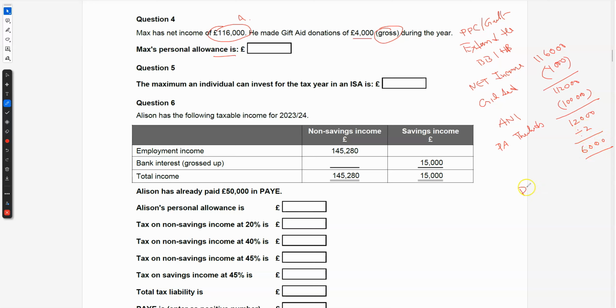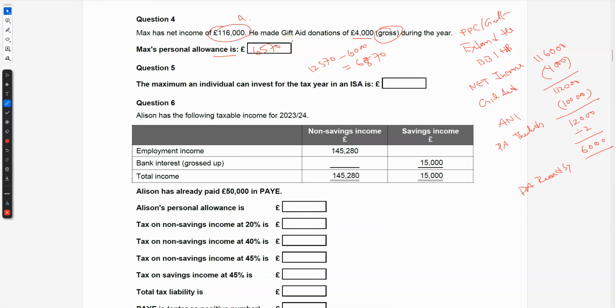So personal allowance will be reduced by 6,000. So normally my personal allowance is 12,570, and from 12,570 I need to minus the 6,000 to find how much personal allowance is left to claim. So it will be 6570.